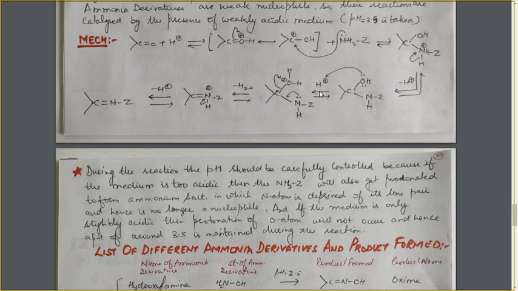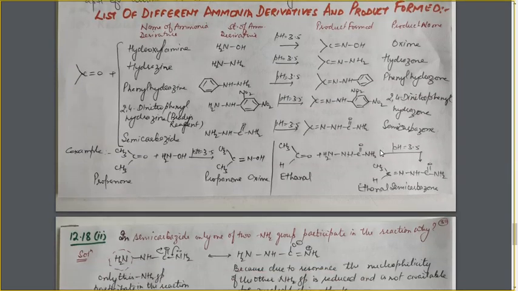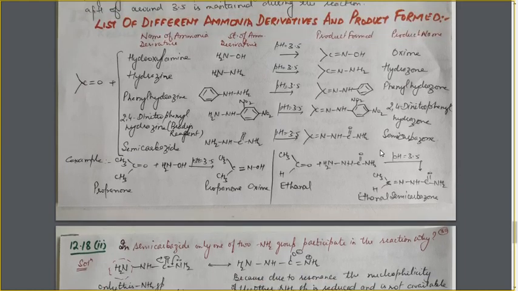And the same hint here: you have to compare the stability of the product formed in the next step, in both the cases. Then you can decide why H positive is moving towards the oxygen atom and not towards the nitrogen atom.